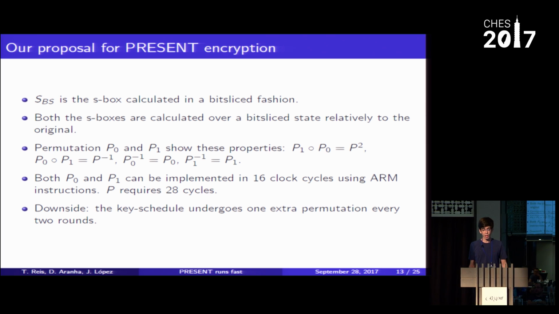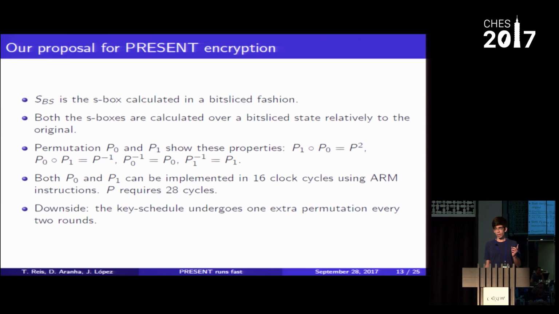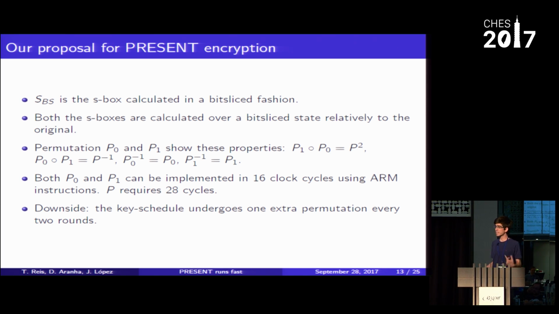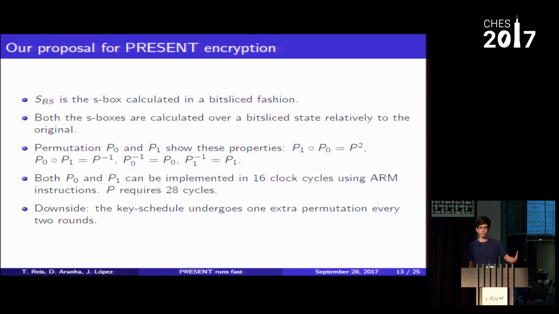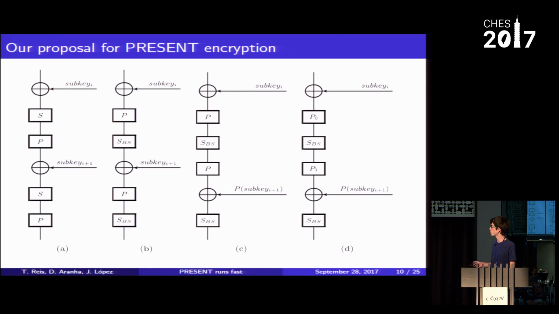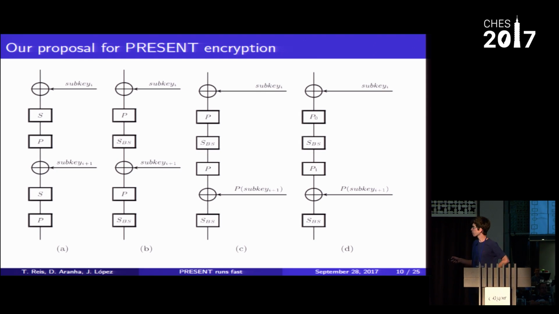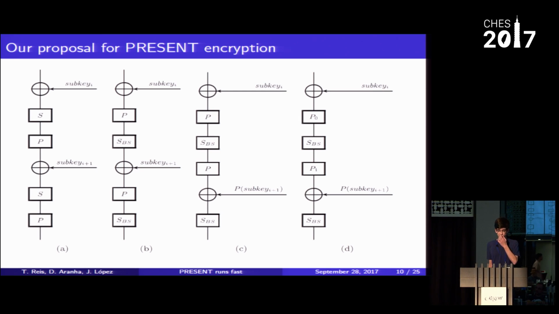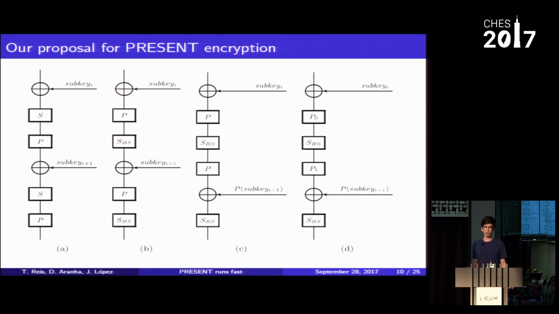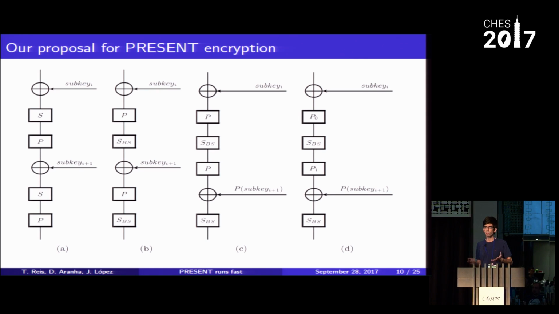Now, what I had commented about the downside is that the key schedule undergoes one extra permutation every two rounds, as we can see in the scheme before. Now every two rounds we have an extra permutation P on the key schedule. But it's not a very serious problem, because typically we do not encrypt just one block for every key we use.